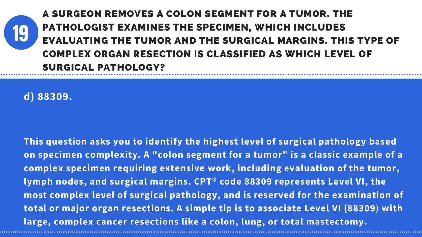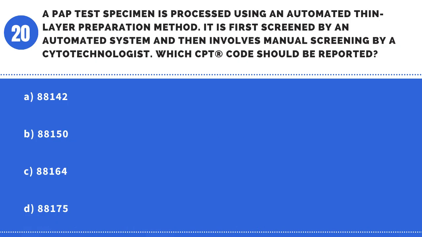CPT code 88309 represents level 6, the most complex level of surgical pathology, and is reserved for the examination of total or major organ resections. A simple tip is to associate level 6, 88309, with large, complex cancer resections like a colon, lung, or total mastectomy.